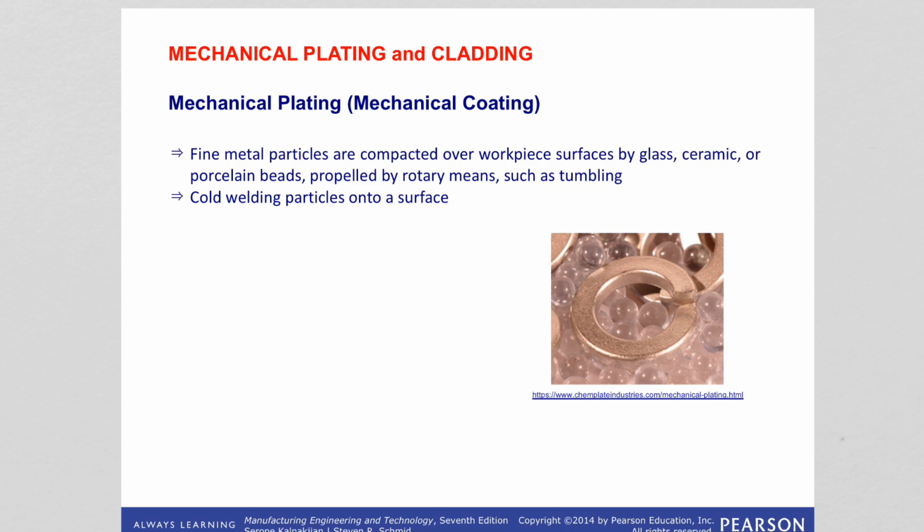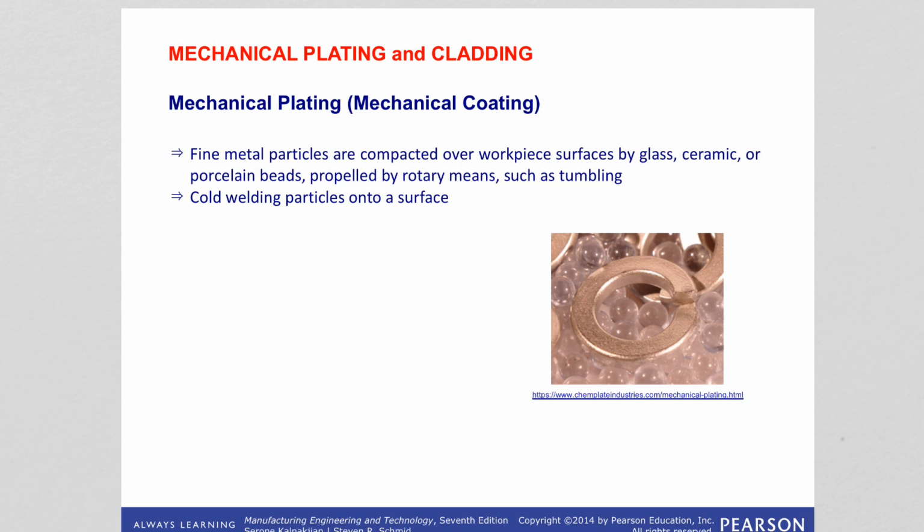So next is mechanical plating and cladding. Let's start with mechanical plating. It has other names like mechanical coating, impact plating, or peen plating. In this case we have fine metal particles.